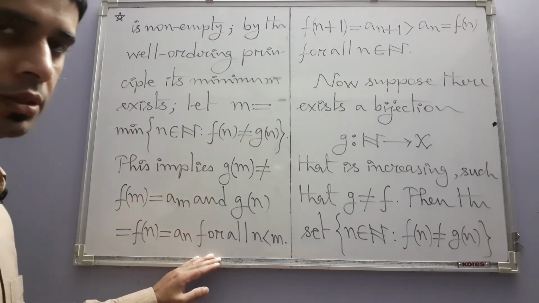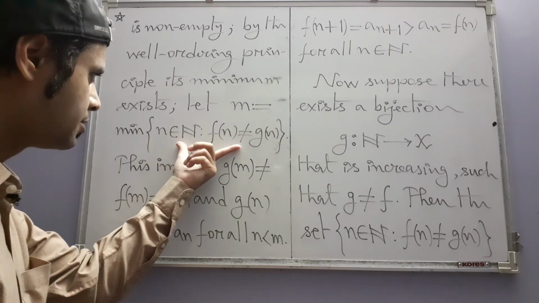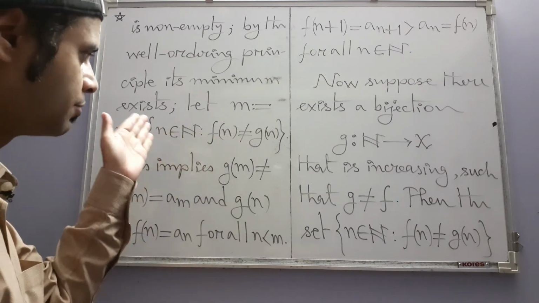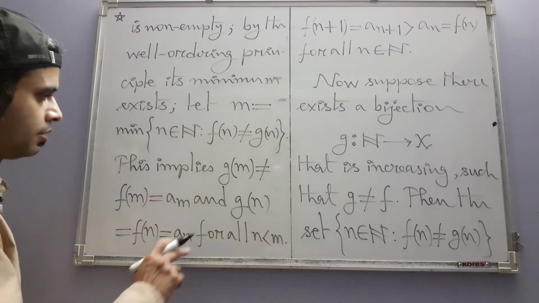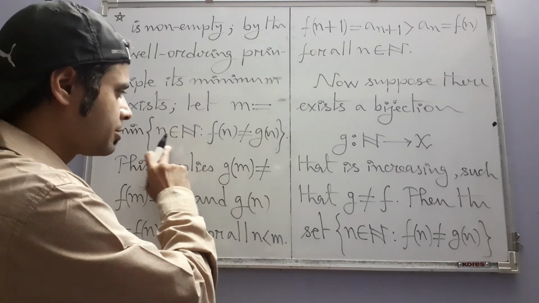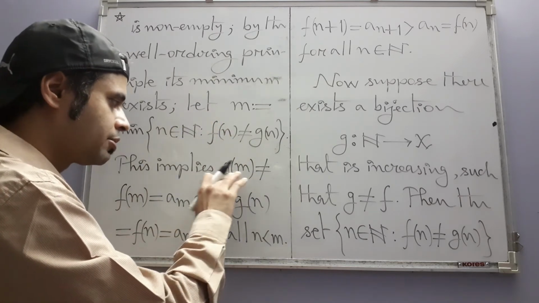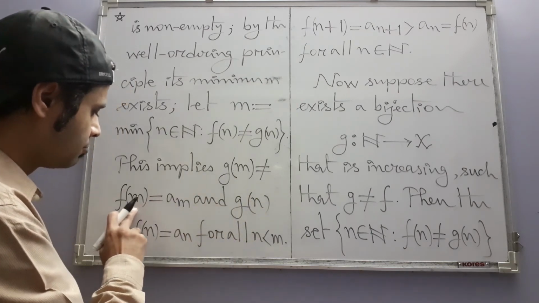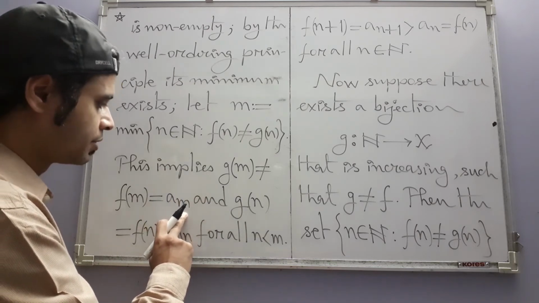What have we written here? You see, m is the smallest value of this set, and what type of set is this? This is precisely the set of those inputs where f and g differ. So m being the smallest element in this set is after all an element in this set. So at m also g and f will differ, and that's why we are having g of m not equal to f of m. In other words, g of m is different from a_m.